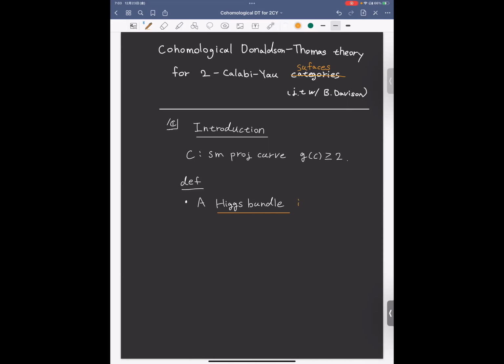A Higgs bundle is a pair (E, phi) where E is a vector bundle on C and phi is a morphism from E to E tensor product with its canonical bundle.